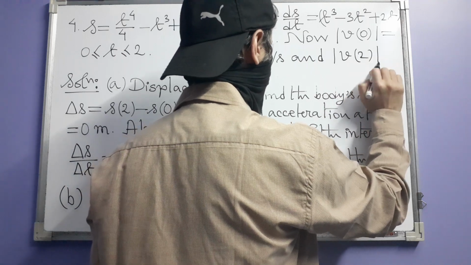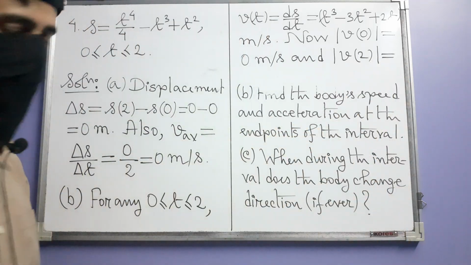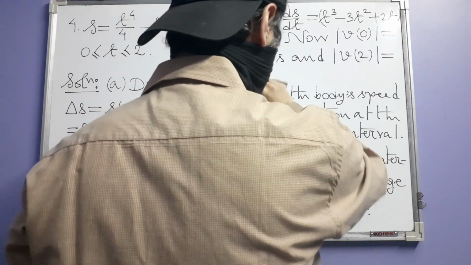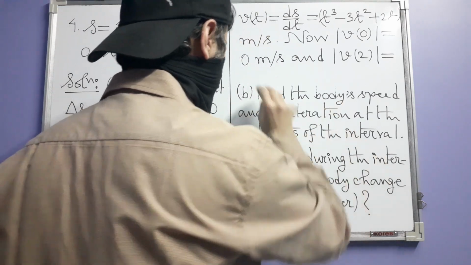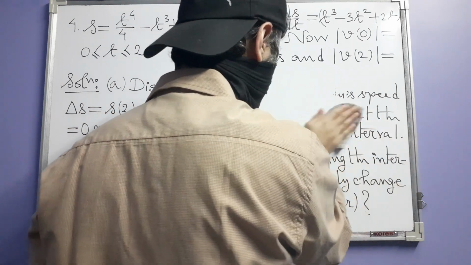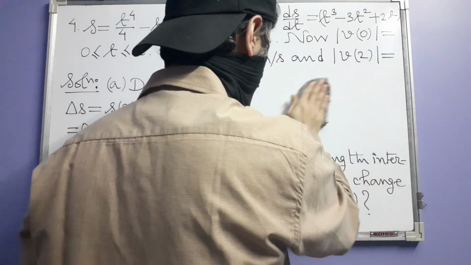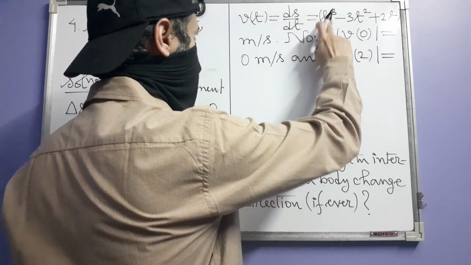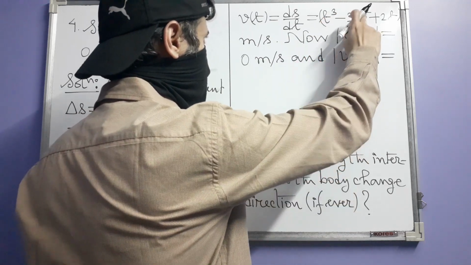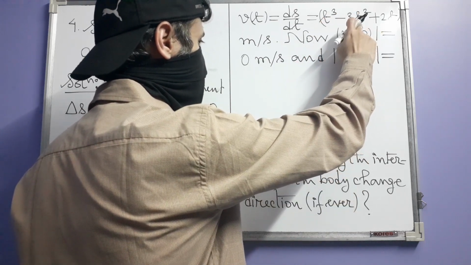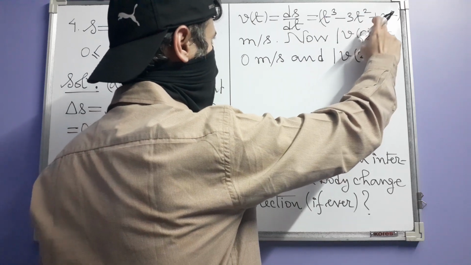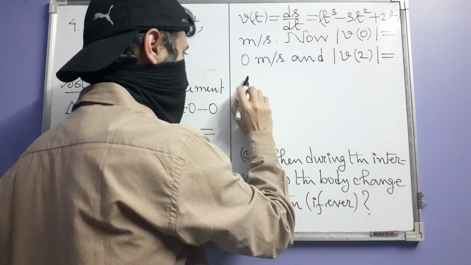We also need the speed when t is 2 seconds, and acceleration too, both at the endpoints. So what is v of 2? 2 cube is 8, 2 square is 4, 3 times 4 is 12. 8 minus 12 is minus 4, plus 4, that is 0. This one is also 0.